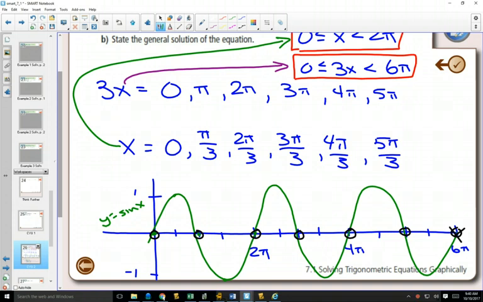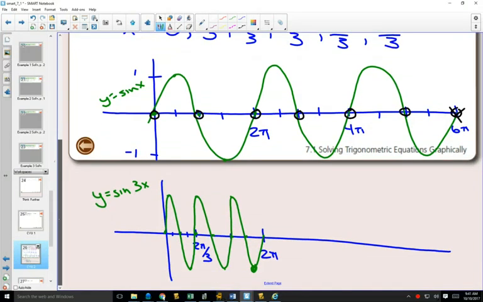I then said that was easy to find those answers between 0 and 6 pi. And now if I take each of those answers and divide it by 3 or multiply by a third, which is the compression, then I'm going to find all of those answers. And of course, the 2 pi one wasn't included, just like the 6 pi one wasn't included.